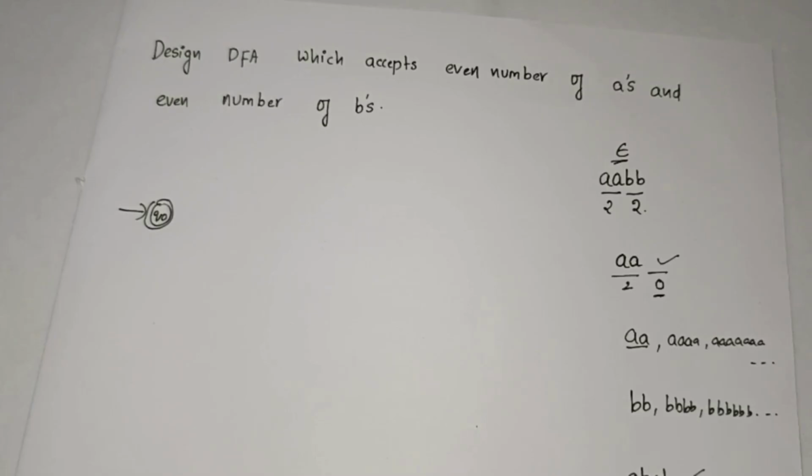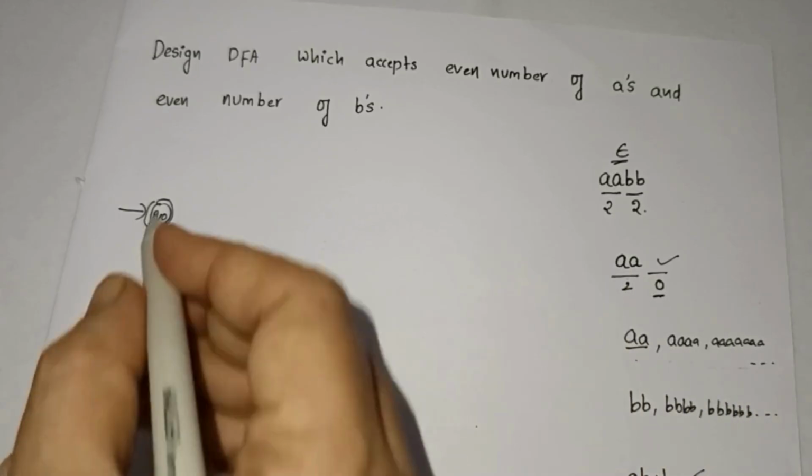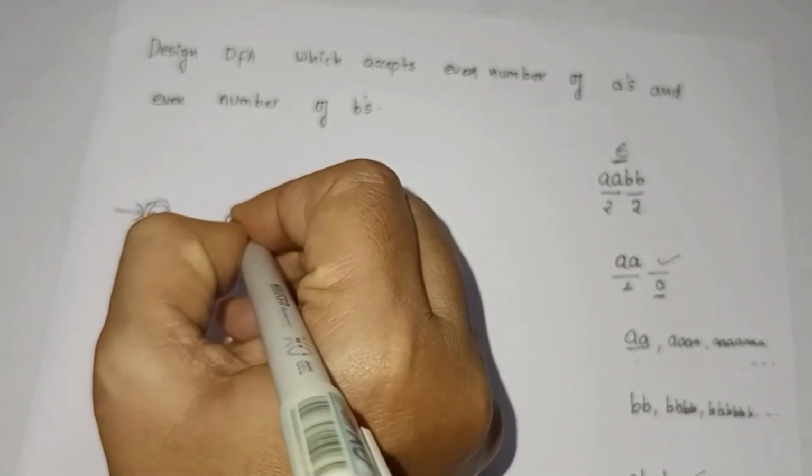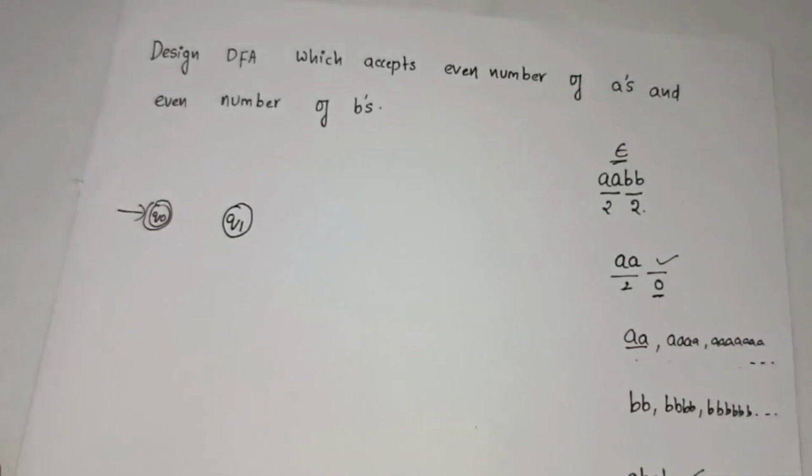Now we will try to design a DFA for only an even number of A's, that is 2, 4, 6, 8, and B is only 0. B is 0, then I can have 2, 4, 6, 8 like that for A. Means I am checking even numbers of A's. I will take one state Q1. Okay.